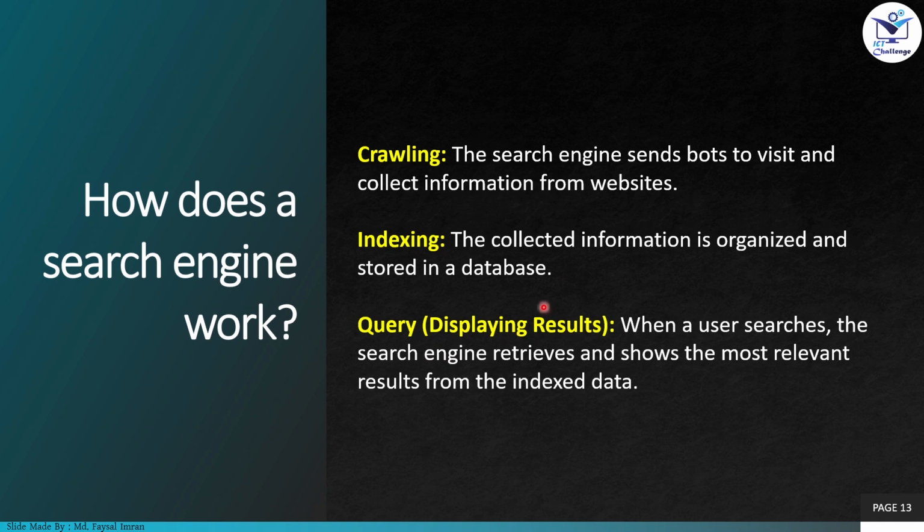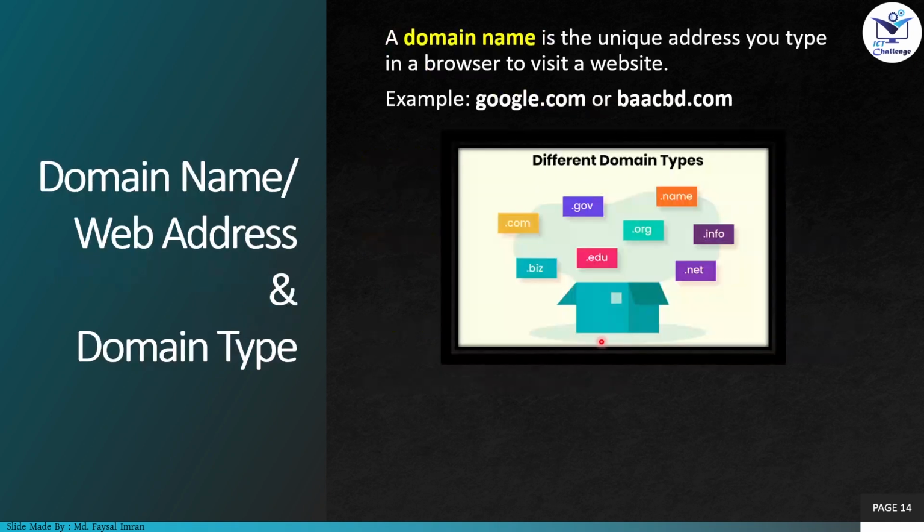So now we need to know about domain name, web address, and domain type. So what is the domain name? Like when you search anything on the internet, like google.com or backbd.com, this is the academic website of us, basic academic and admission care. So backbd.com is our website. A domain name is the unique address you type in a browser to visit a website.